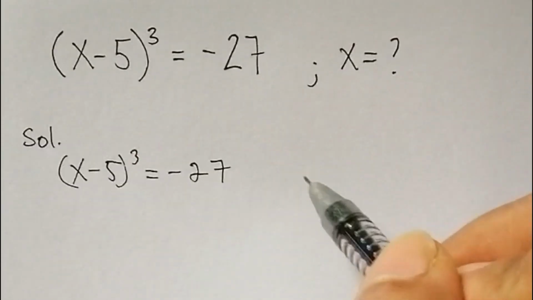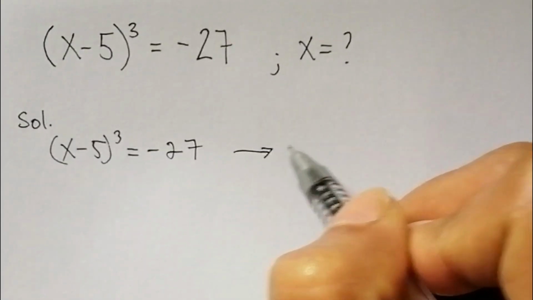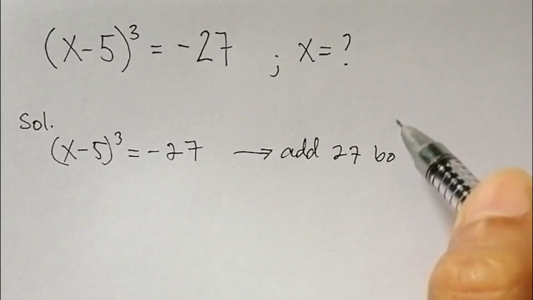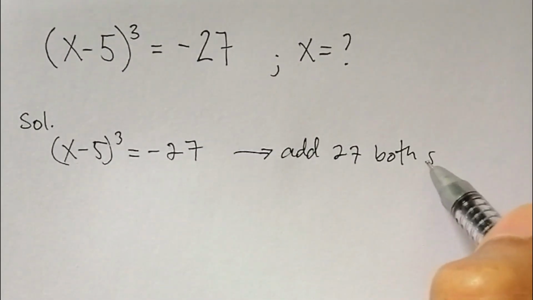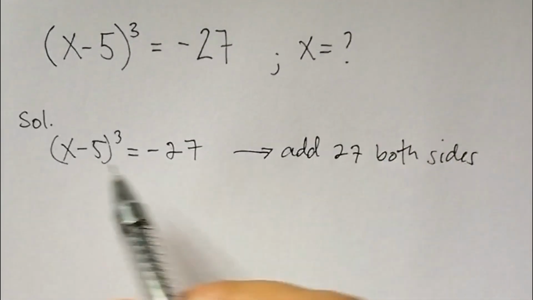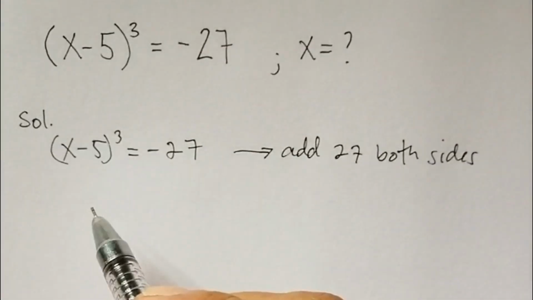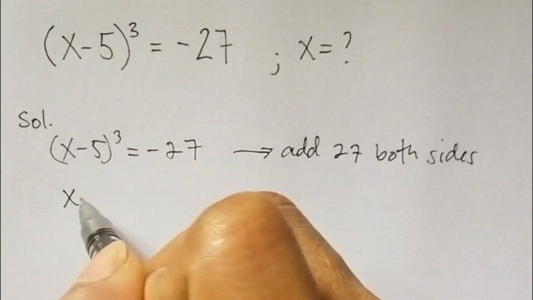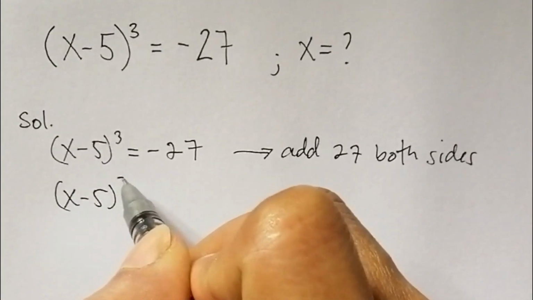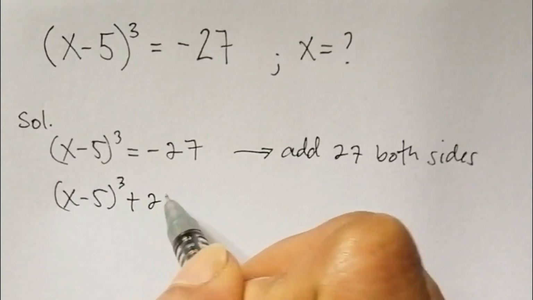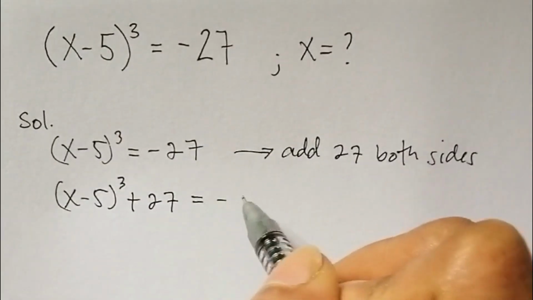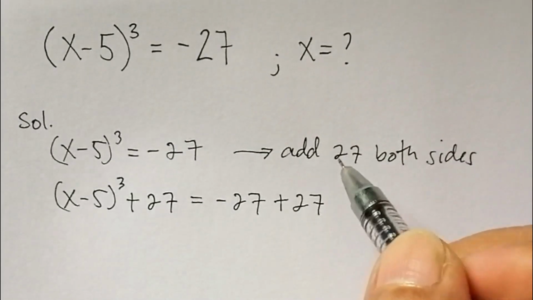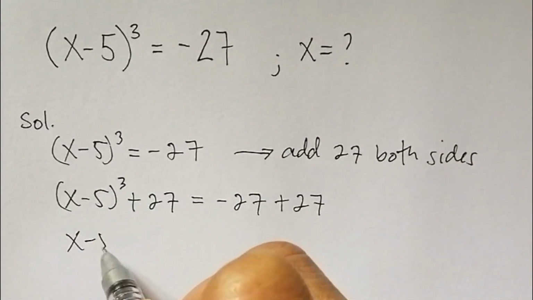By this expression, we're gonna add 27 to both sides. Then go ahead and simplify.